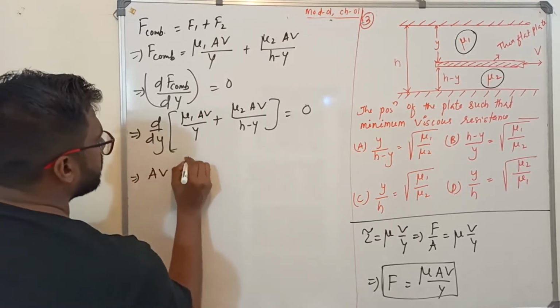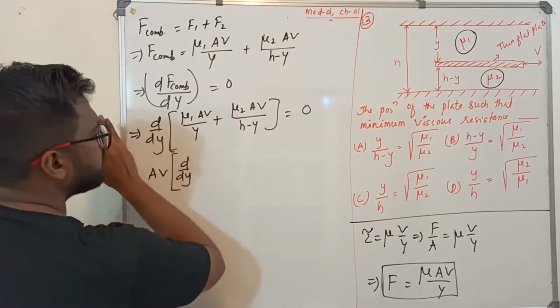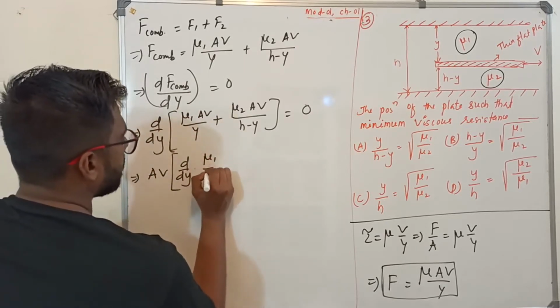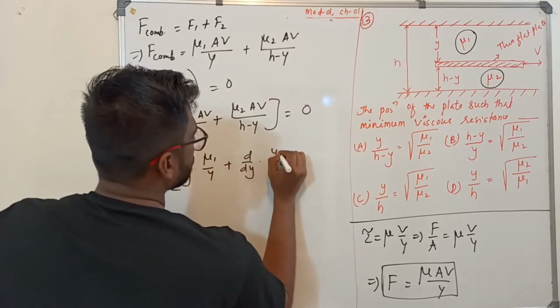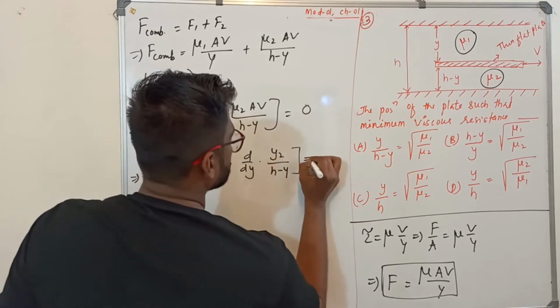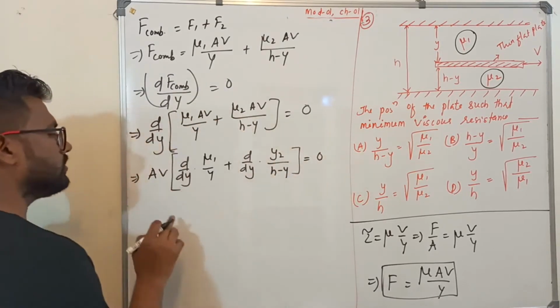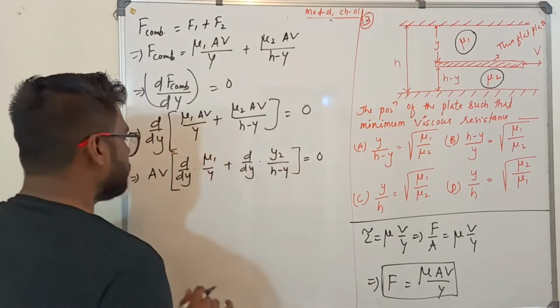So A V d by dy of, now take the d by dy inside, mu1 by y plus d by dy of mu2 upon h minus y is equal to 0. Take A V to this side, 0 by anything you will get 0. So now I am only left with this.